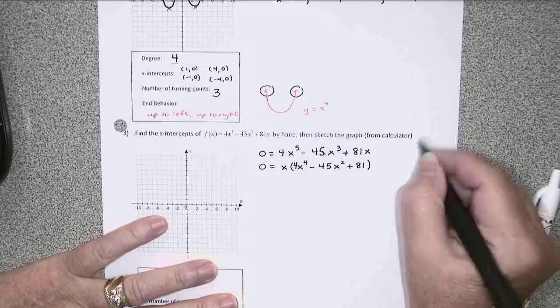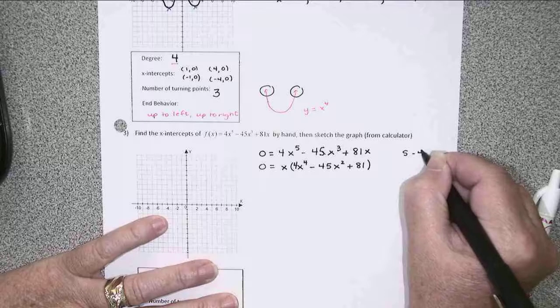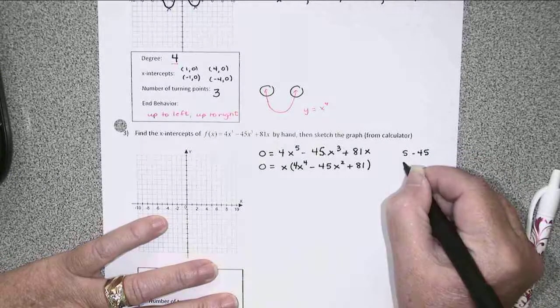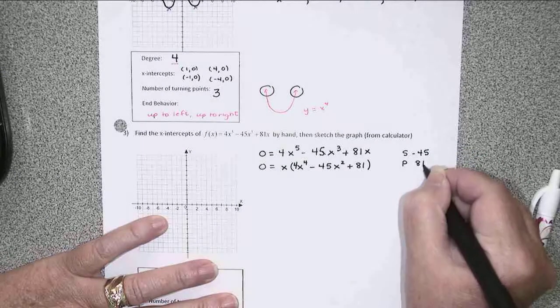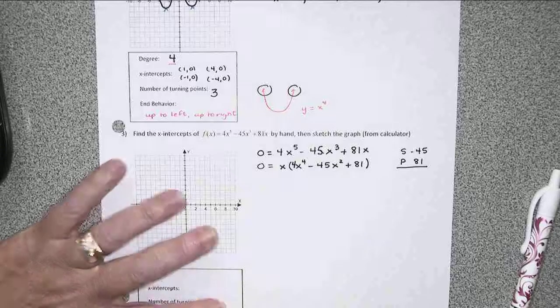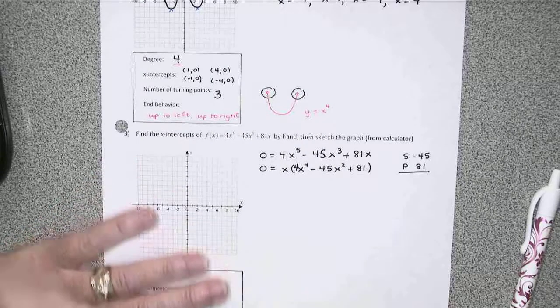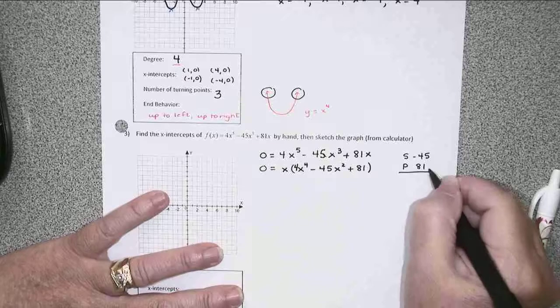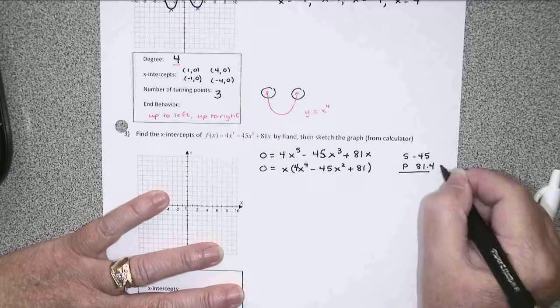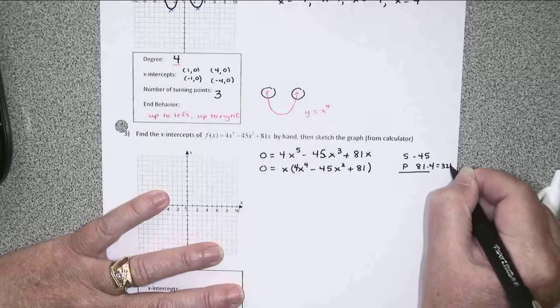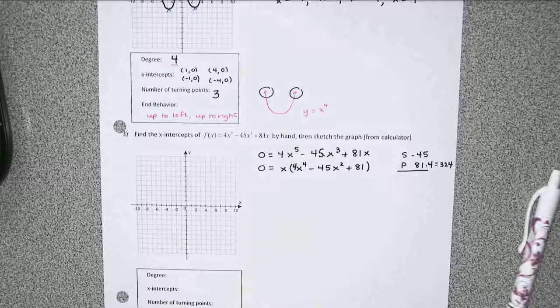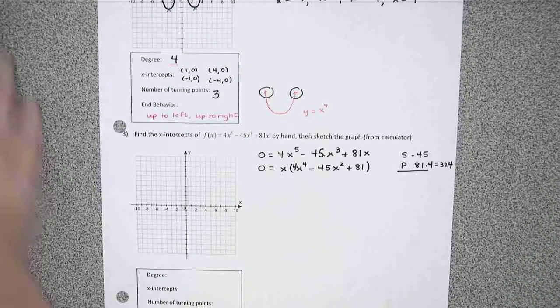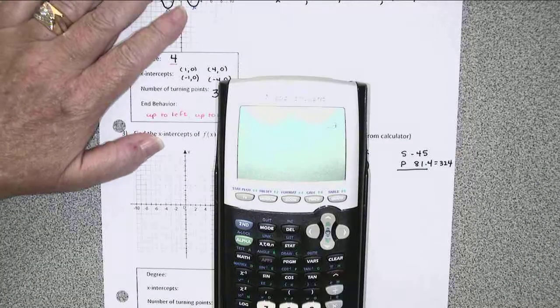If it's going to factor, I'd have to have a sum of negative 45 and a product of 81 times 4, is 324. Let's see if we can do anything with that.